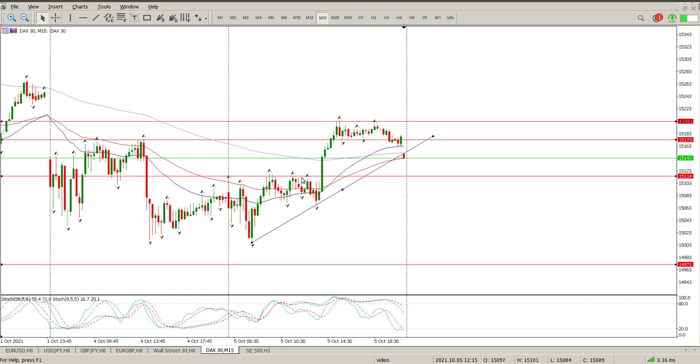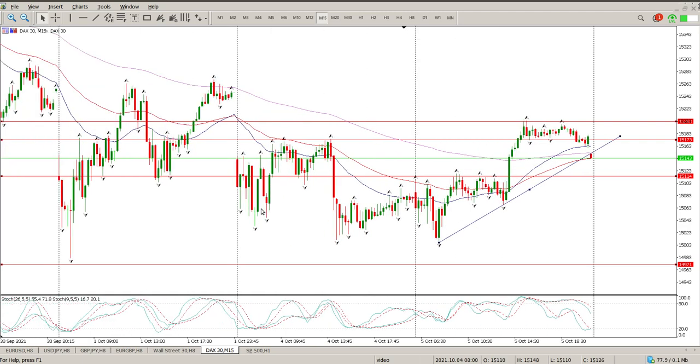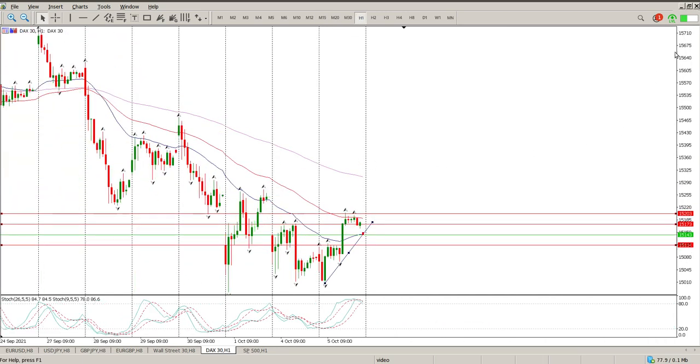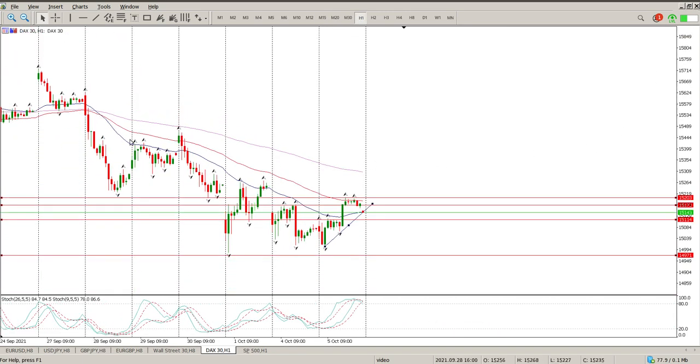So we'll wait for clarity before actually jumping in. So I'm waiting for a trend to confirm. And at the moment, this is not a trend that is confirming. It could be the start of something. We've been in a downtrend for a couple of days, so this could be a rounding bottom here. Ultimately, I need to see it give me a higher low, preferably at this 15,114 area, and then start building a base from there so that we can start looking for a move up.